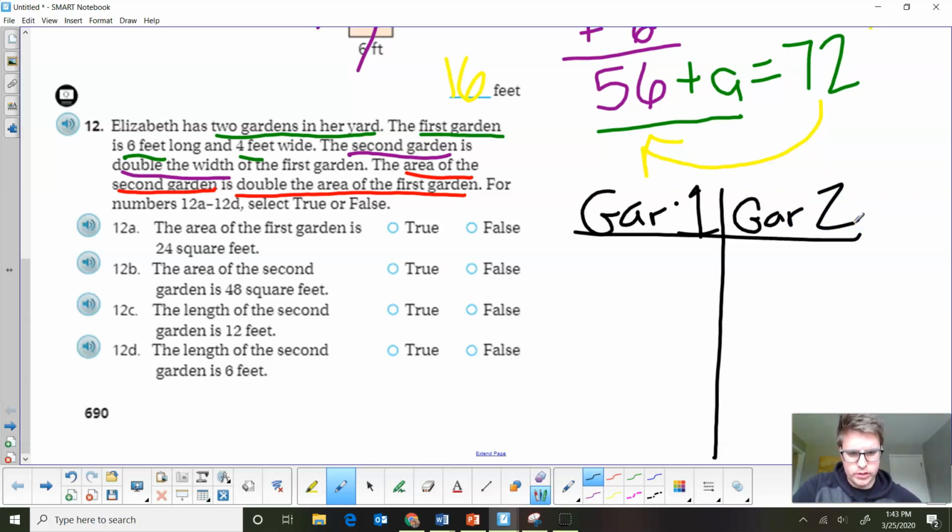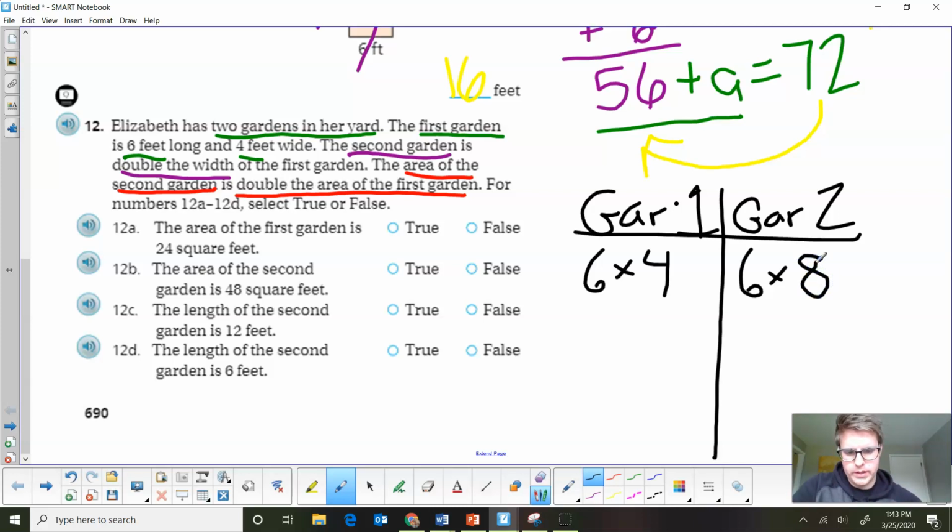All right, so let's see. The dimensions of garden 1 are 6 by 4. And the second garden is double the width. So it's 6 still as the length, and the width would be double 4. What's double 4, Cody? Good, 8.